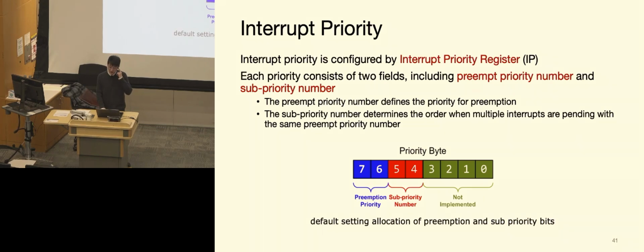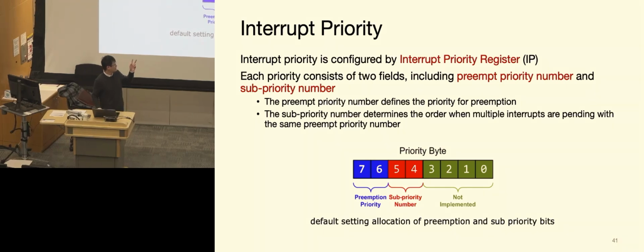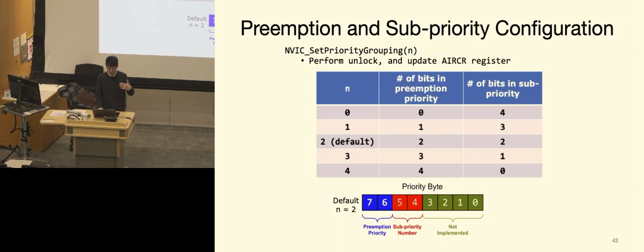We have 1 priority byte for that, so 8 bits in total. We actually only use the top 4 bits for that. By default, it's set to 2 bits per priority: the first 2 bits for the preemption number, and the second set for the sub priority number. However, we do have more control over that.